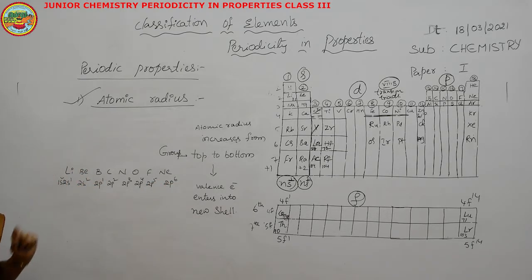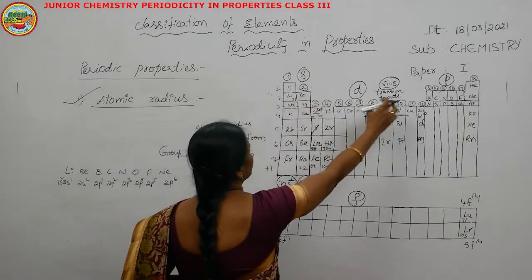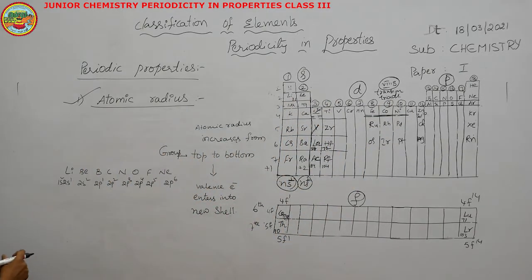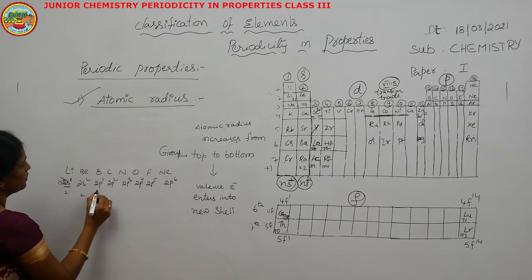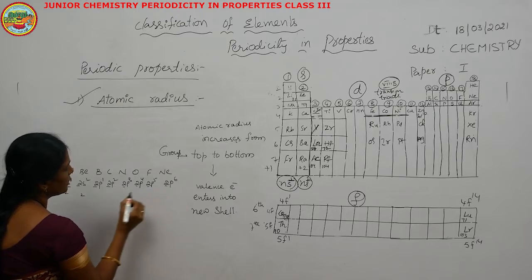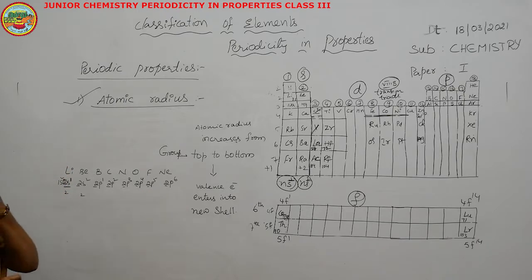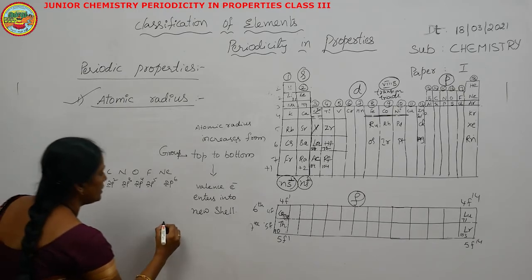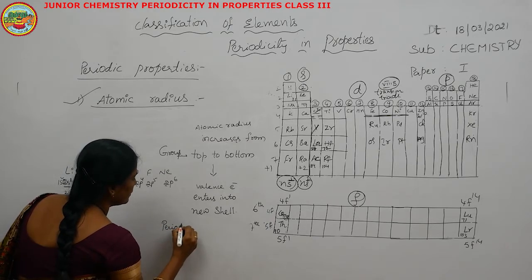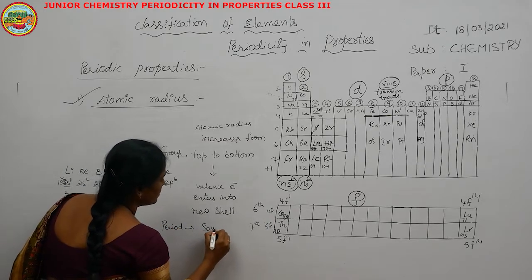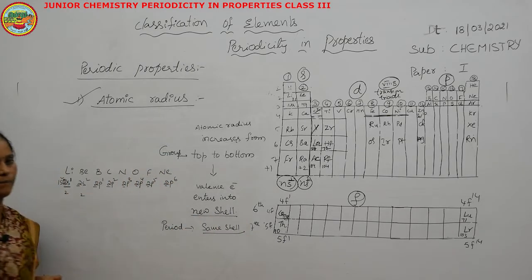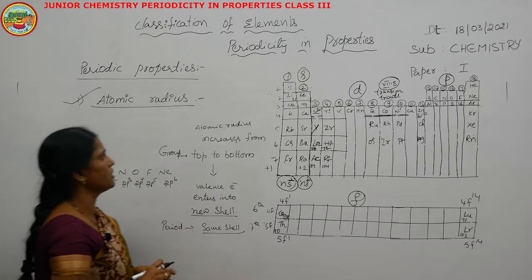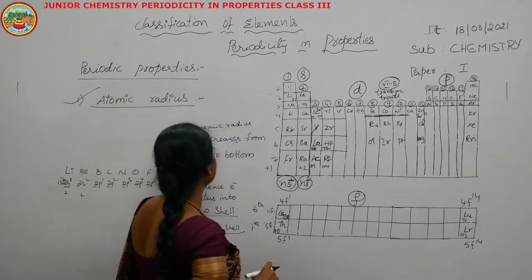This is the configuration of the second period elements. So 2s1 means the valence electron enters into the second orbit. Here also it is 2. That means the valence electron enters into the same shell. So in a period, the valence electron enters into the same shell. In a group, it enters a new shell. So that's why in a group from top to bottom, the atomic radius increases.